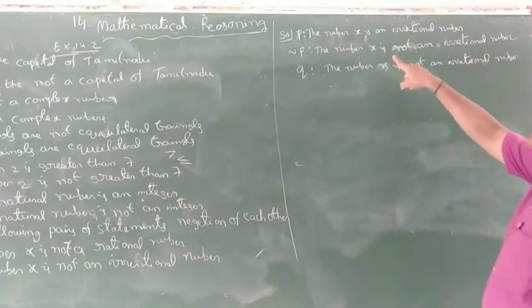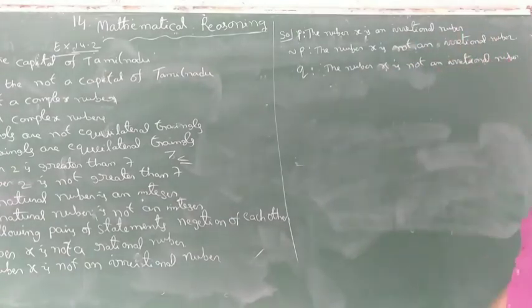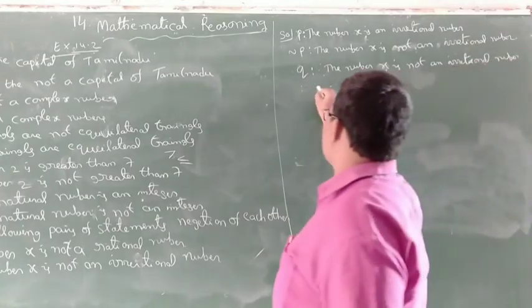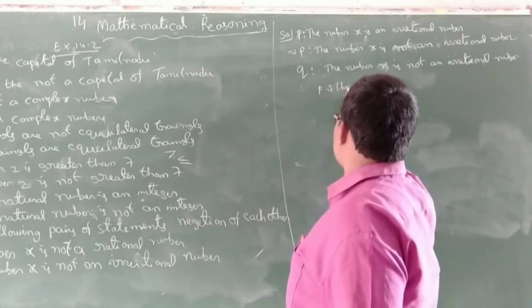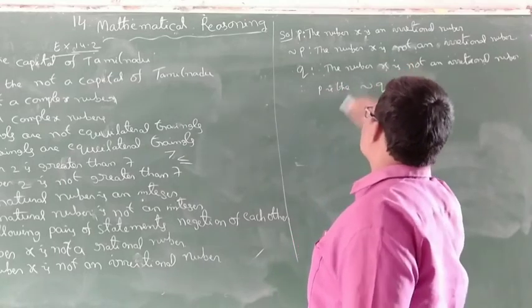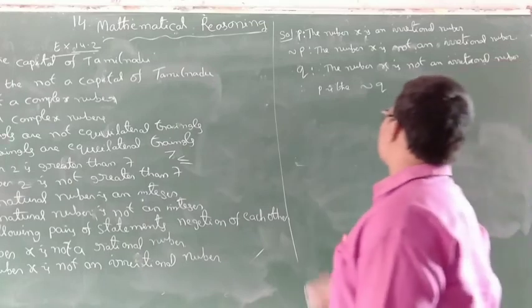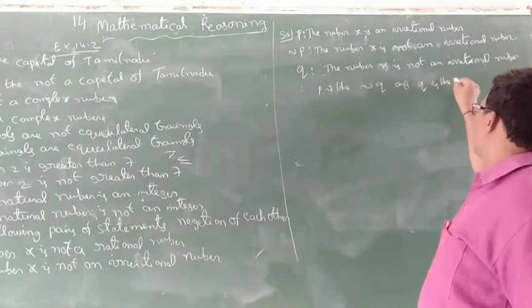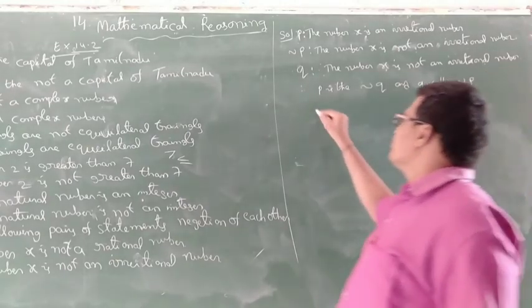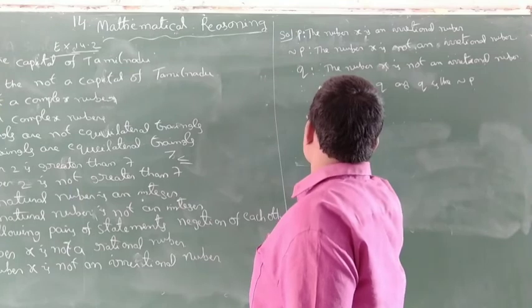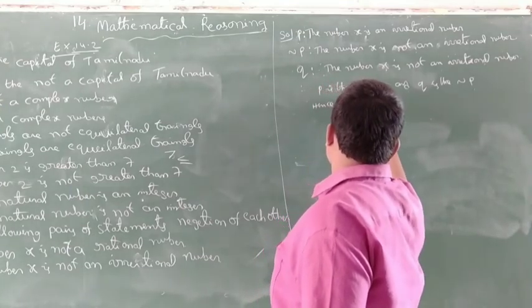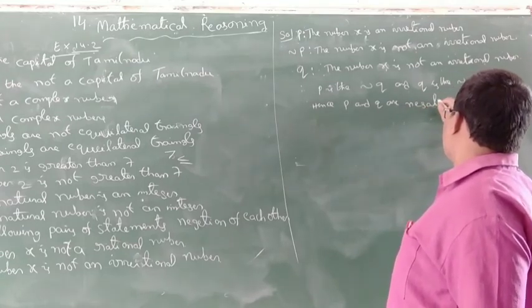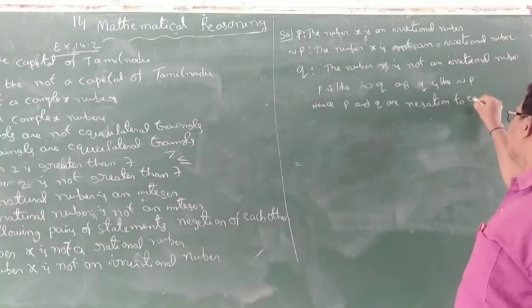The number x is an irrational number, so P is the negation of Q. Therefore, P and Q are negations of each other.